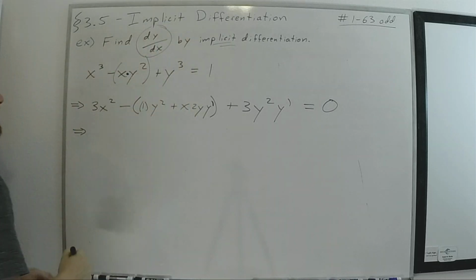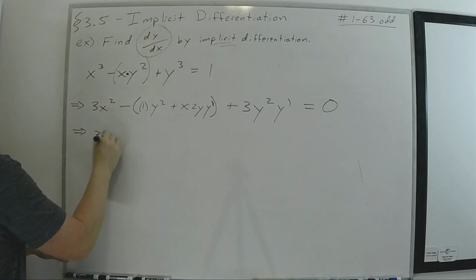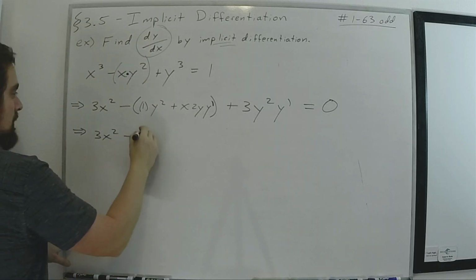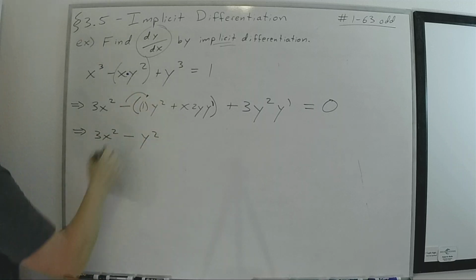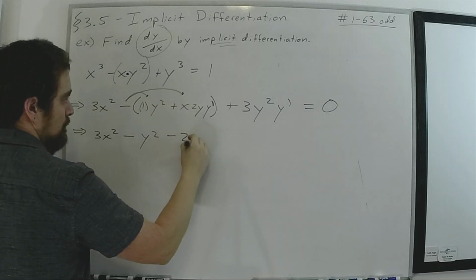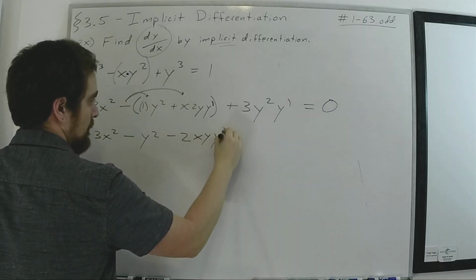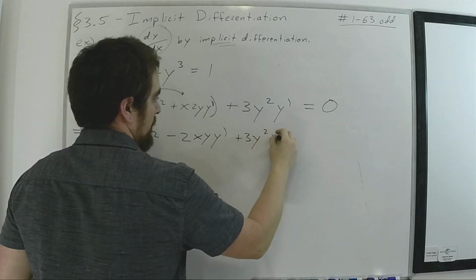Again, we want the derivative. That's y prime, just in a different notation. 3x squared minus y squared, and then minus, I'm going to just put the multiple out front, 2xy prime. However, this is just plus 3y squared y prime.